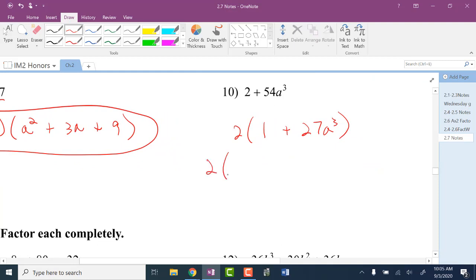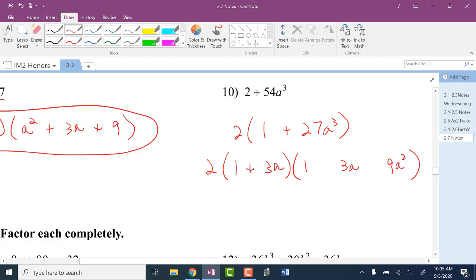So 2 times a binomial, trinomial. Perfect cube of 1 is 1. Perfect cube of 27a cubed is 3a. 1 squared, 1 times 3a, 3a squared, both the 3 and the a.